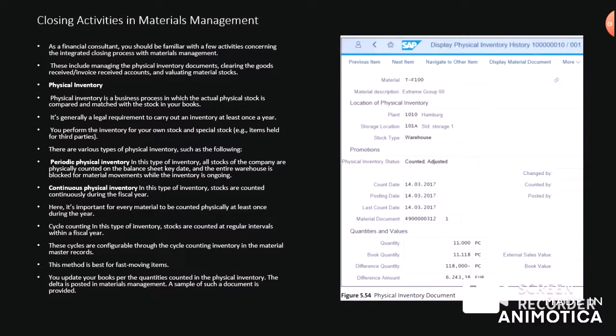So if we see the quantities and value section, the quantity is 11 pc, but the book quantity is 11.118 pc. So the difference quantity is 118, it's minus, and the difference amount is 6.243 and 38.